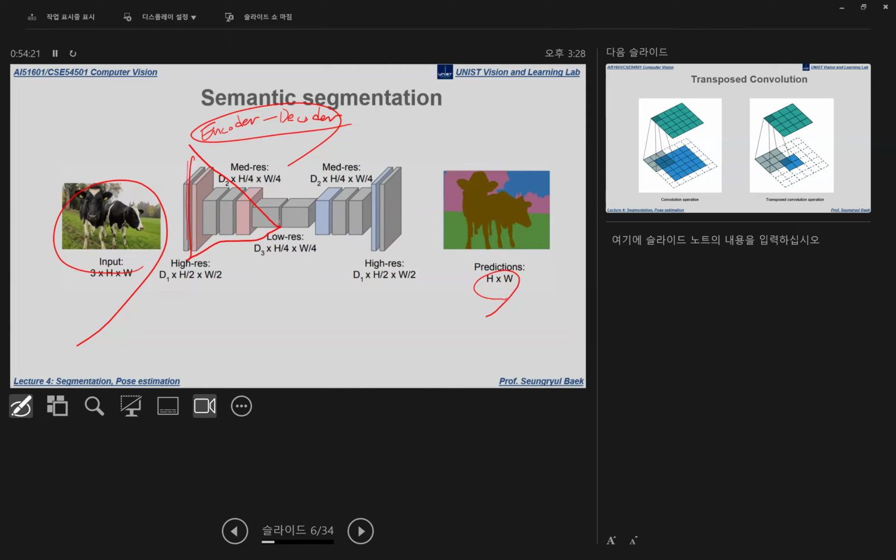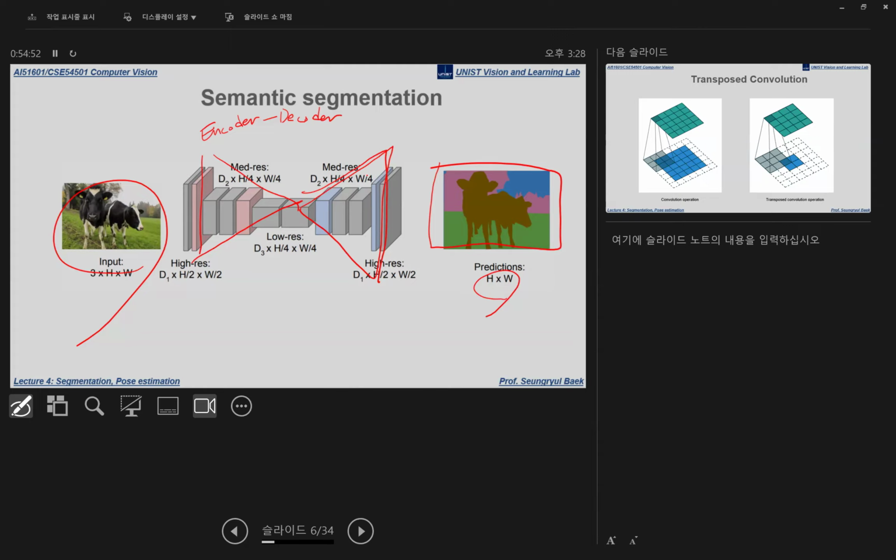So by applying convolutional layers and pooling, we tend to reduce the dimension of the 2D images. But if we can upsample them again, we can also generate this type of two-dimensional output from the deep learning architecture.